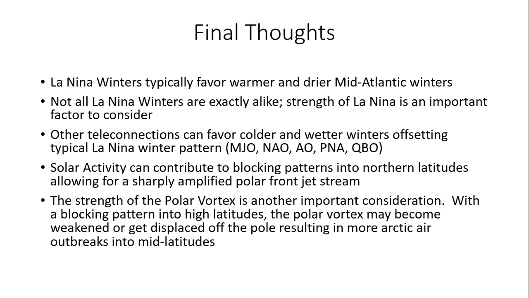With a blocking pattern in the high latitudes, the polar vortex may become weakened or get displaced off the pole, resulting in more Arctic air outbreaks in the mid latitudes. So you get more of an amplified wave pattern across the northern hemisphere in this case, where the coldest air is actually dislodged into the lower 48 instead of remaining up near the polar areas where it typically resides. So there's a lot involved here.